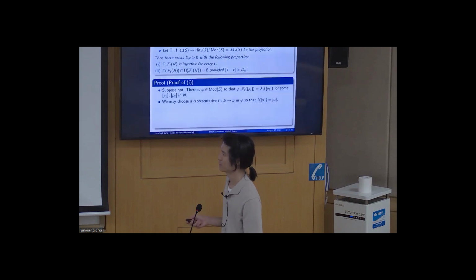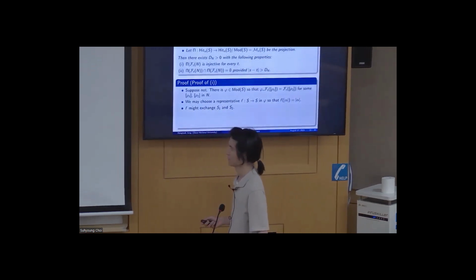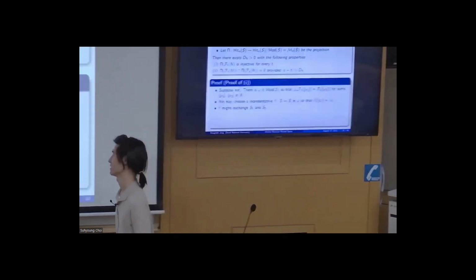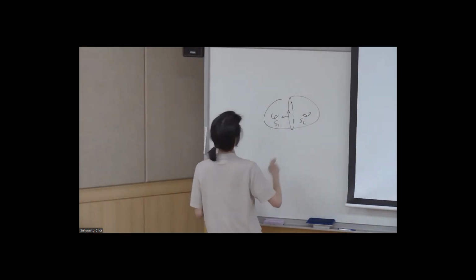So by the observation that we made before, we can choose a representative of our mapping class group element so that it maps alpha to alpha itself, but it may flip the orientation. And if we flip the orientation, it must flip the two subsurfaces. That happens, for example, in the genus 2 case.